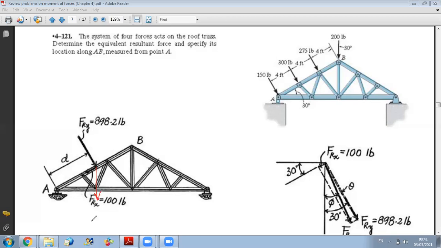Now, this resultant force, if you displace it on its line of action, you don't need to add any couple, because any force, when you displace it on its line of action, you will not change its moment about any point in the space.